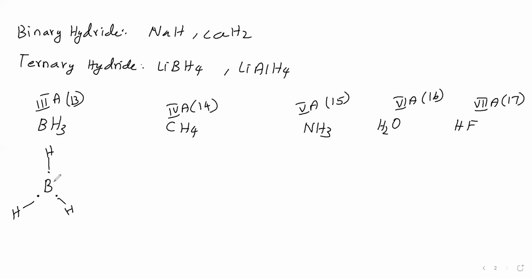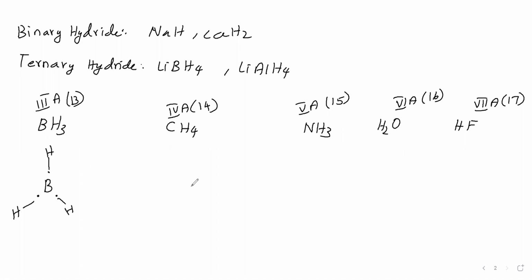This valence shell is having 3 bonds, therefore 6 electrons are present in this valence shell. 6 electrons is less than octet. Therefore, it is called electron deficient hydride. So group 3A hydrides form electron deficient hydrides.